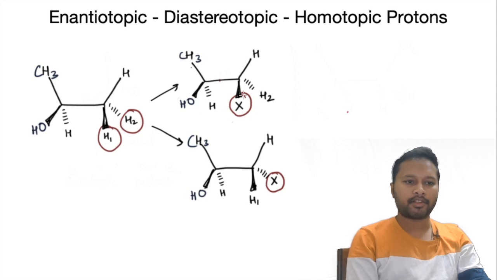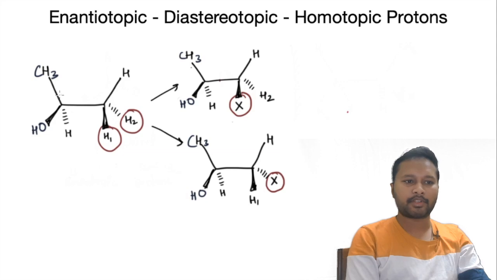So I have replaced H1 with X, and the other time I have replaced H2 with X, okay? H1 and H2 are both protons only. I have just labeled them H1 and H2 to make sure that you look at it properly, okay? But what is actually happening is that I have made this particular carbon a chiral carbon.